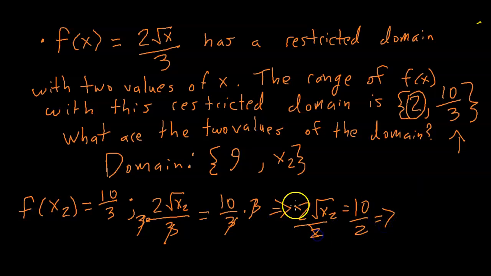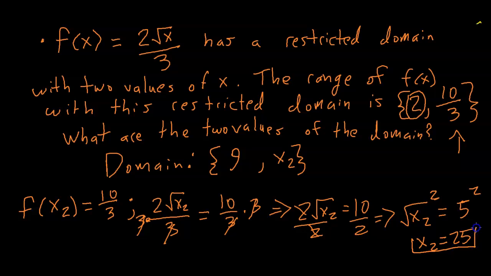Okay, let's divide both sides by 2, right? We're going to get the square root of x sub 2 is equal to 10 divided by 2 is 5, right? Okay, so if the square root of x sub 2 is equal to 5, we can get rid of that square root sign by squaring both sides, right? And finally, x sub 2 is equal to 5 squared, 25, right?